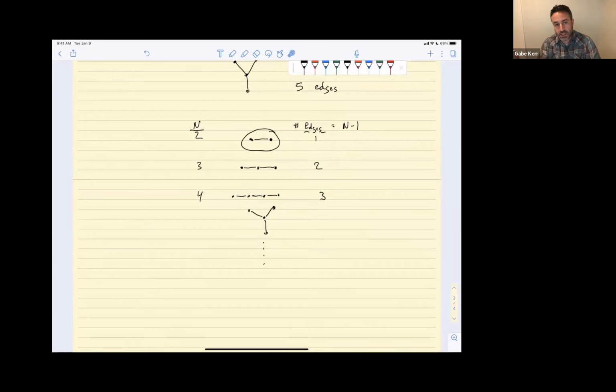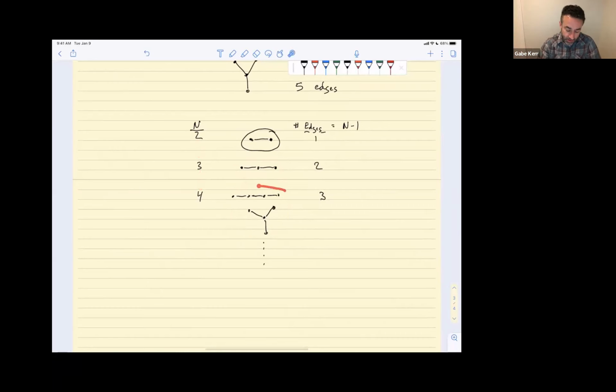So instead, I can state a process where I go from n vertices to n plus 1 vertices. In other words, I go from 2 to 3, 3 to 4, and so on. One thing I can always do if I have a tree with a larger number of vertices is say I built it out of a smaller tree by adding a single edge somewhere.